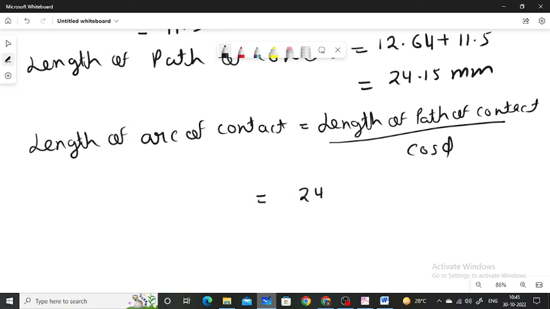Length of path of contact is 24.15 mm divided by cos 20. This is equal to the 25.7 mm.